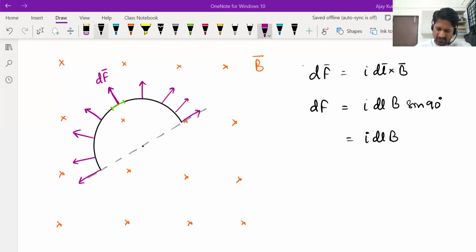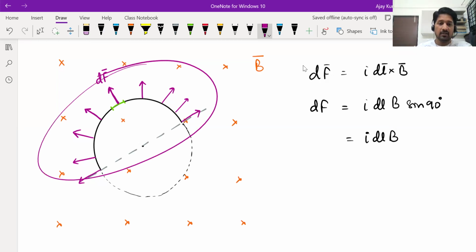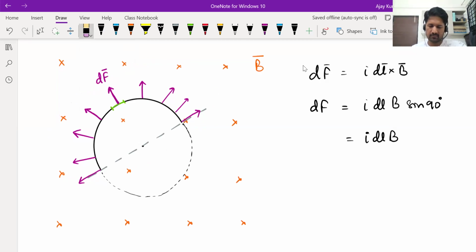We know that the complete wire would have been in equilibrium. Even this half wire would have been in equilibrium. If you look at these purple vectors, consider all of them. What is the direction of the resultant of all these dF forces on one half of the wire?